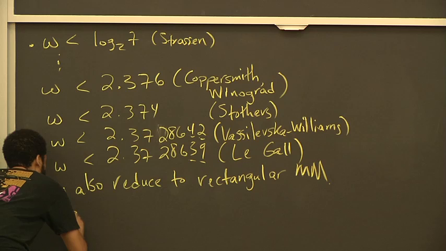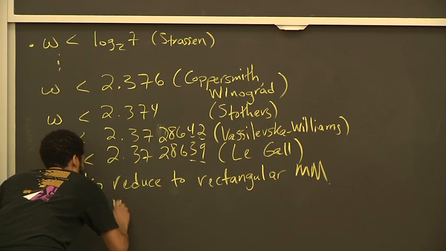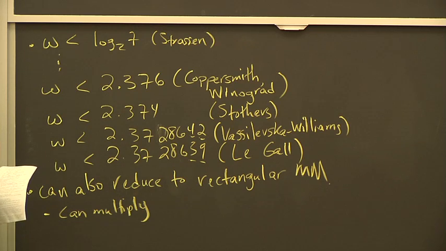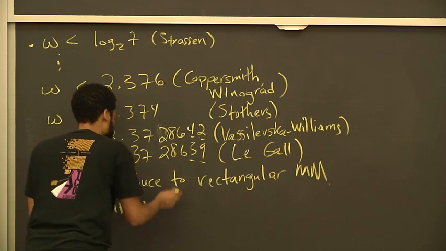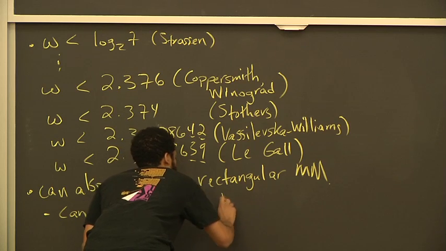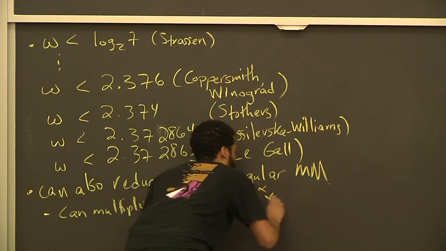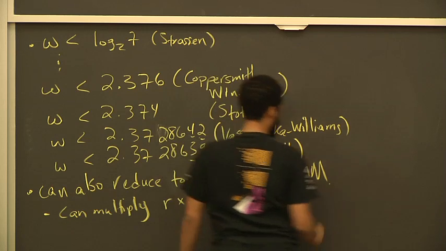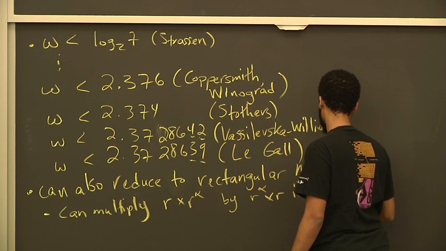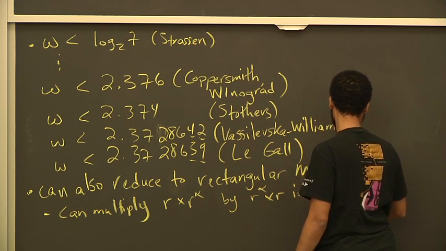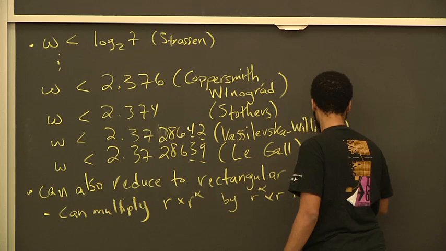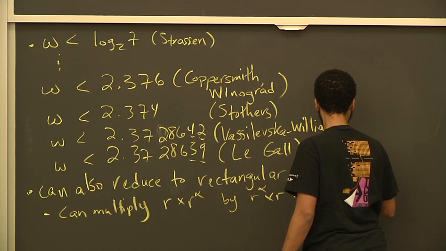You can multiply an n by n to the alpha matrix by an n to the alpha by n matrix in O of n to the 2 plus o(1) time.